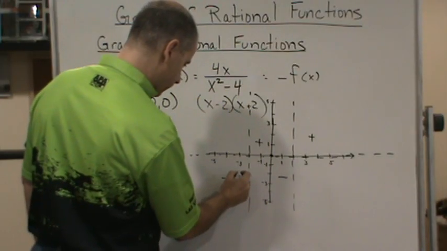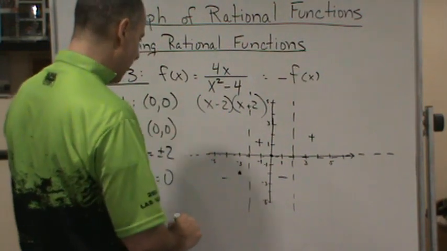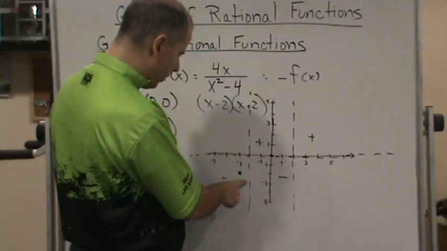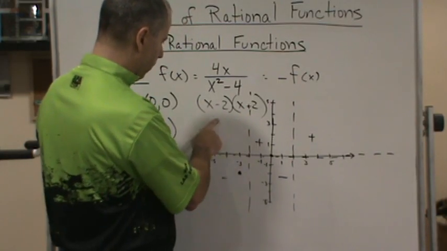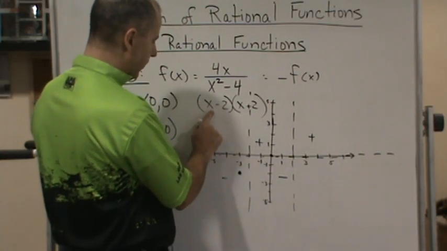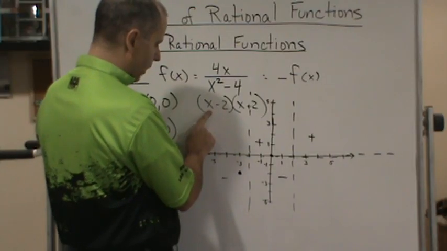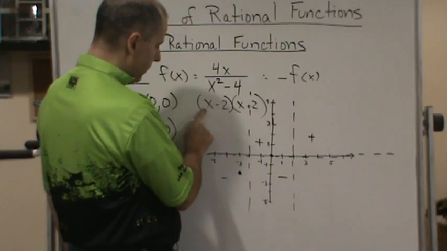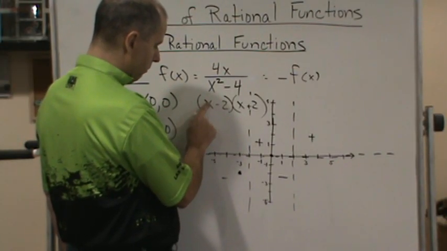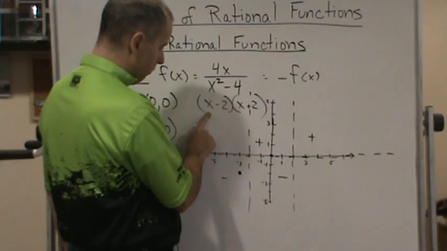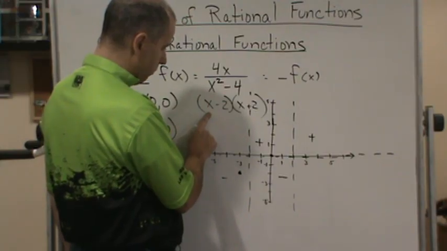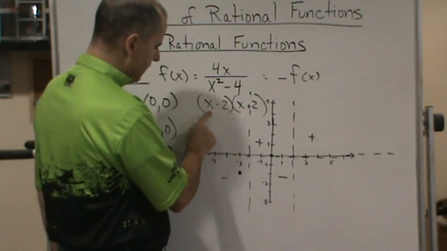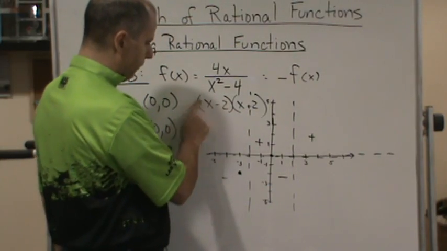Just estimating. Okay? And now as I get closer to negative 2 from the left, what's happening? Well, as I get closer and closer to negative 2 from the left, this is going to be negative. If this is negative 2, this is just going to go to negative 4.